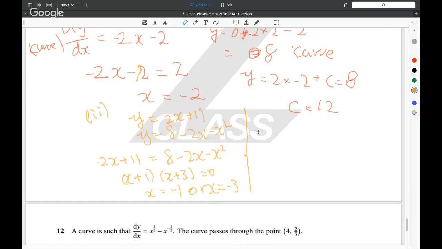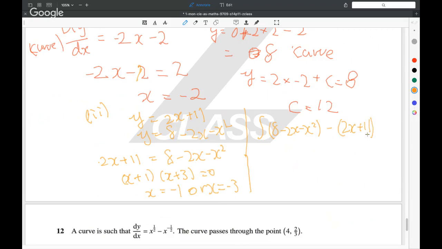And after that, we'll just need to do the integration of 8 minus 2x minus x squared. That's the area under the curve. And then minus 2x plus 11.